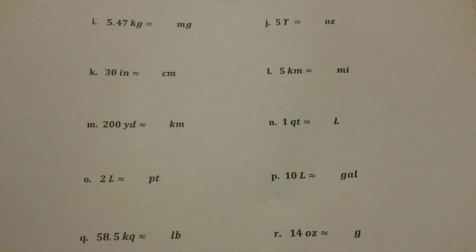Kilograms to milligrams. I know I'm going to multiply to go from kilograms to milligrams, because kilograms are bigger and milligrams are smaller. But like I said, I always just make it cancel. So I'm going to put 5.47 kilograms.